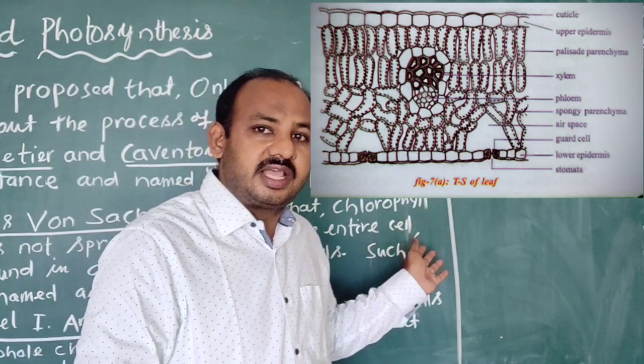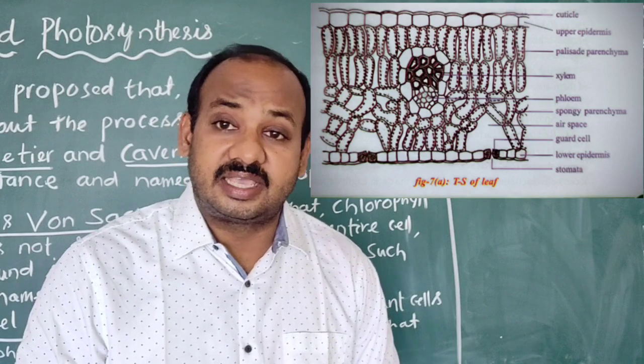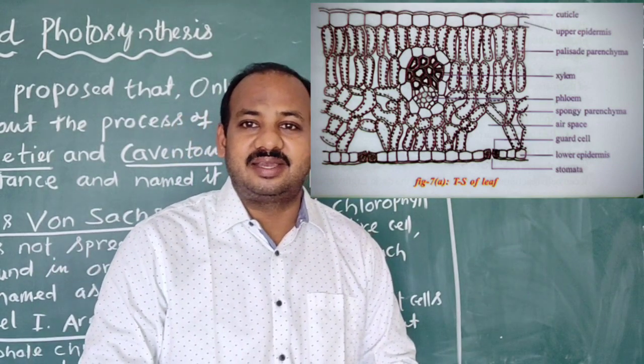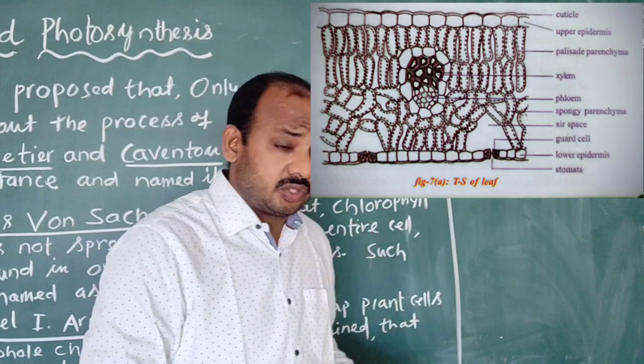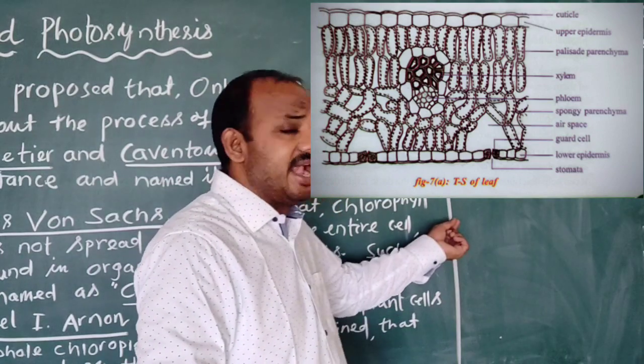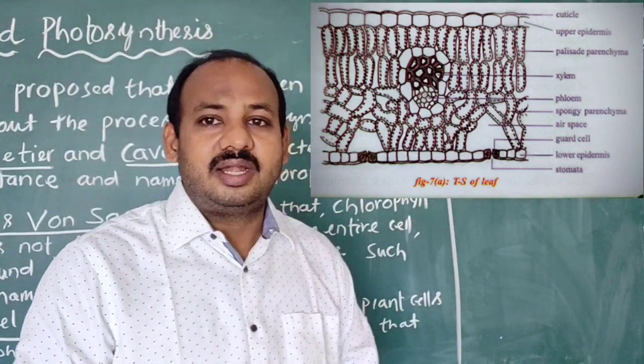Even the mesophyll cells as well as the guard cells have chloroplasts and they can perform photosynthesis. Through the stomata, the carbon dioxide from the atmosphere can enter into the mesophyll cells where the photosynthesis will take place.